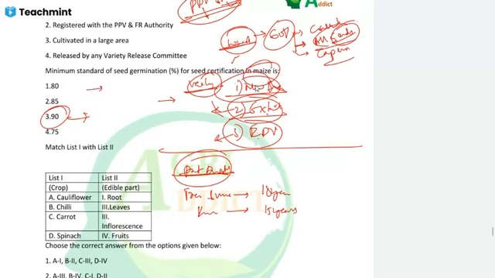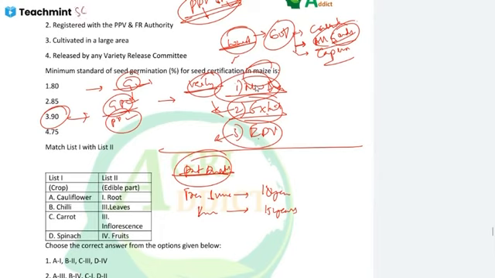So one thing I just forgot to tell you. We are talking about certification, right? Based on what basis is the certification done? It is on the basis of standards. For every crop, there will be certain standards. For example, germination standard, genetic purity standard, physical purity standard. These are the different examples of the standards which the crop should meet in order to be certified. So what is the basis for all of this? Who will constitute this standard?